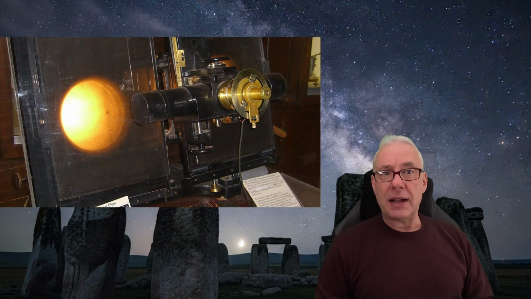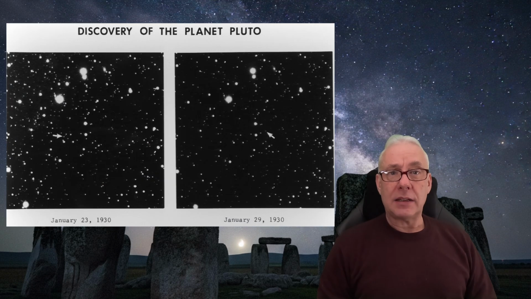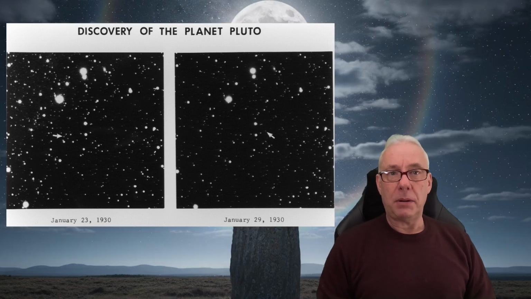But Blink dates back to 1905 when the Zeiss company actually made a blink comparator. And astronomers have been using blink comparators for, well, the best part of the 20th century to track changes in the night sky. And one of the most famous discoveries in astronomy is the discovery made at the Lowell Observatory by Clyde Tombaugh when he discovered Pluto.